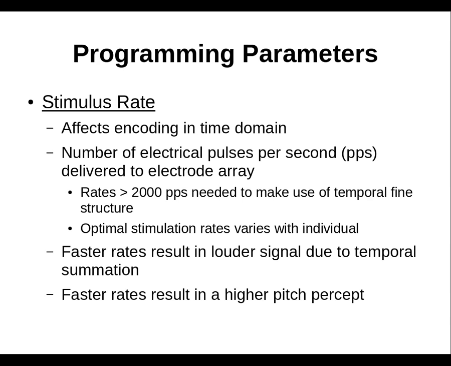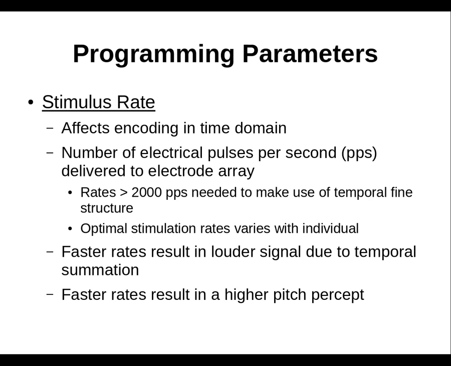In order to do that, we need to increase the rate to greater than 2,000 pulses per second. The reason we need to increase the rate to get the temporal fine structure information is we need the auditory nerve to fire synchronously, and in order to do that, we need the auditory nerve fibers to follow the stimulus on a cycle-by-cycle basis, but that won't be able to happen until we get it up to a high enough pulse per second or firing rate.